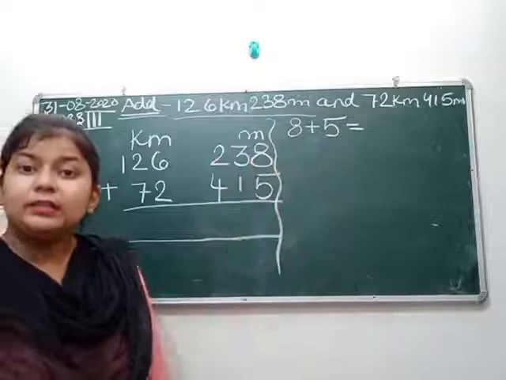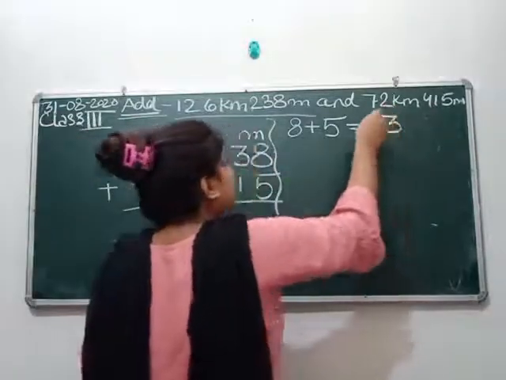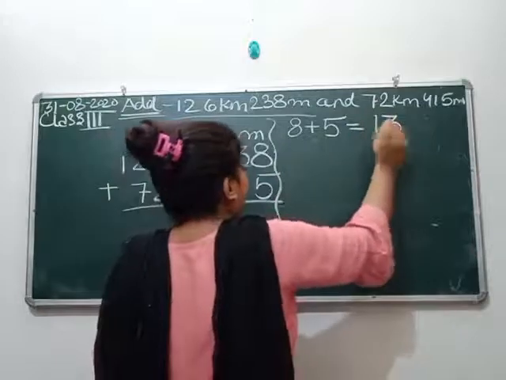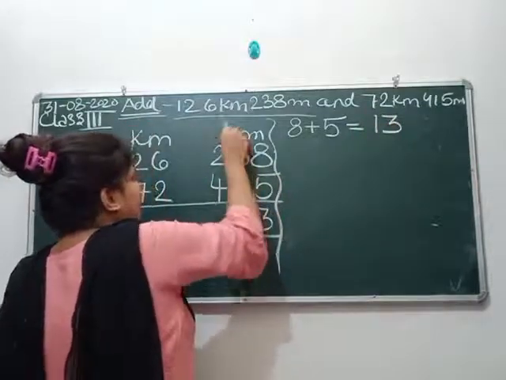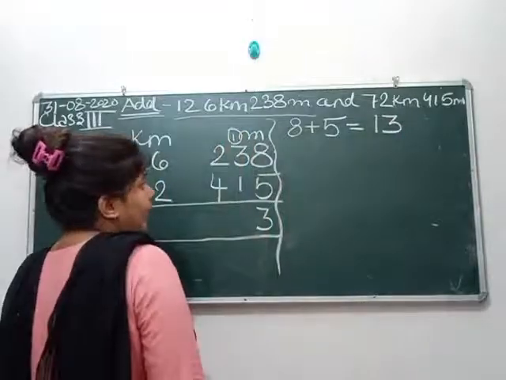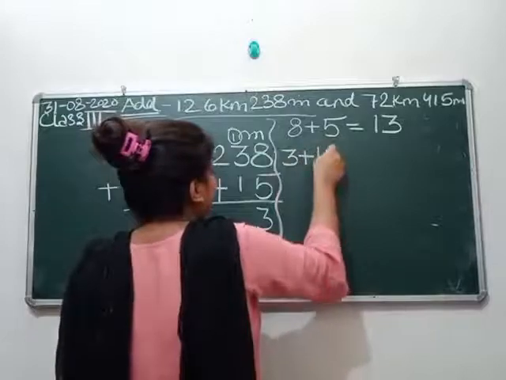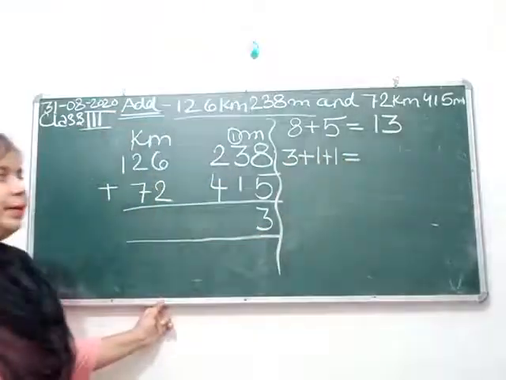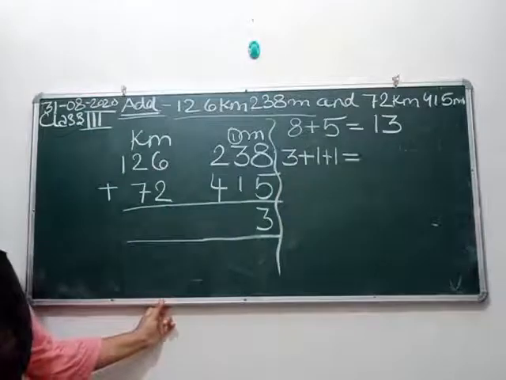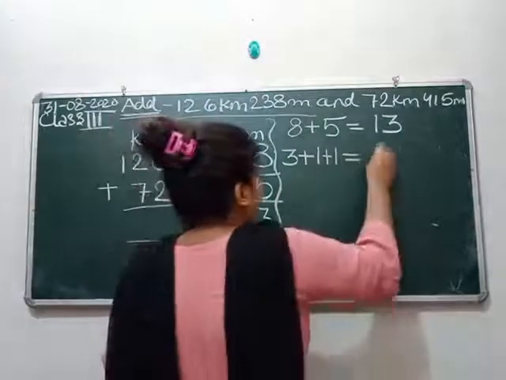So we'll write 13 here. For 13 we will write 3 this side and we'll give carry 1 to the next place. Now at next place we are having 3 plus 1 plus 1. 3 plus 1 is 4, plus 1 is 5.